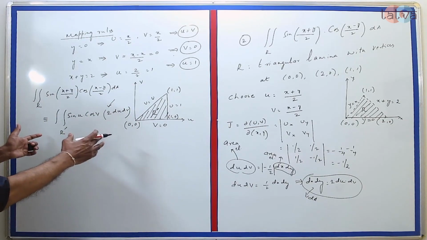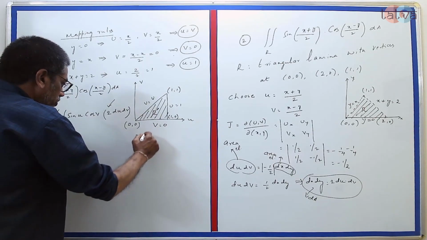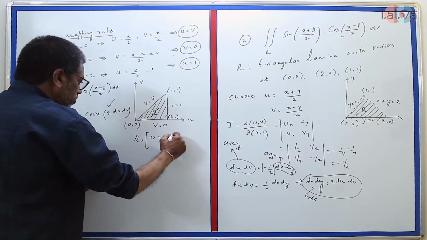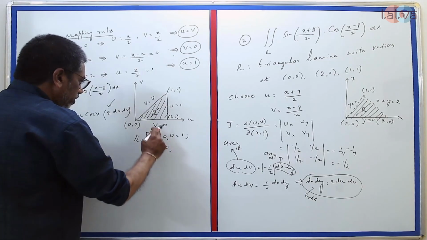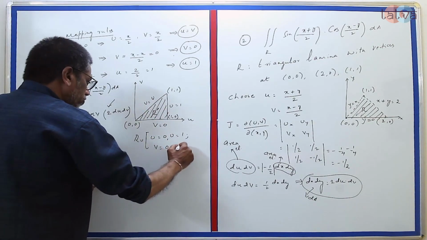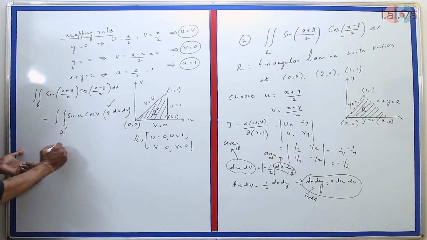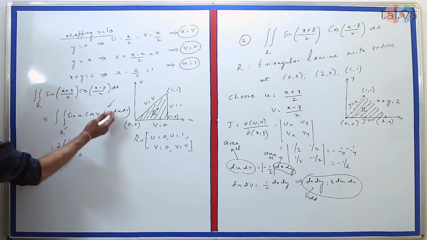The rest is all very simple. You have to just fix the limits for this region. So if I call this an R_u region, u varies from 0 to u is equal to 1. v varies from 0 to v is equal to u. So this would be integral 0 to 1, integral 0 to u. These two can be pulled out.